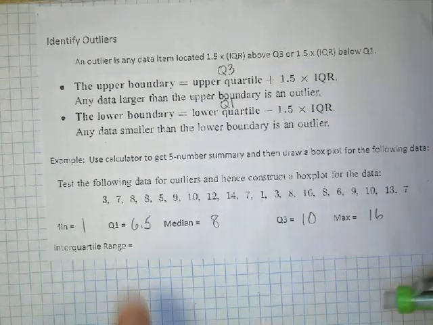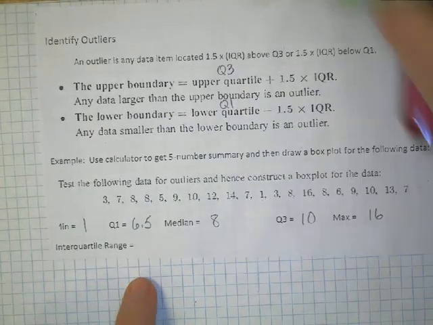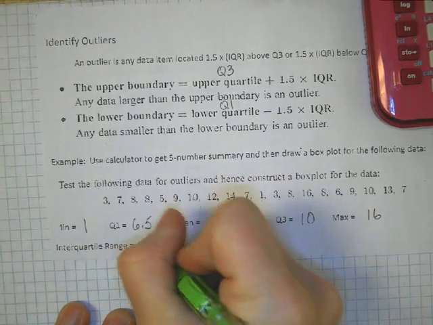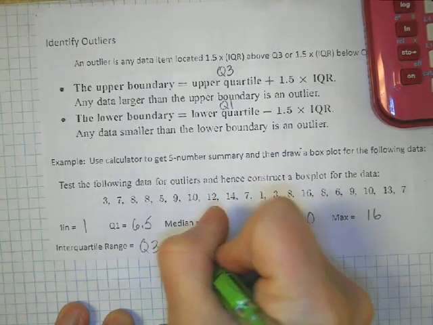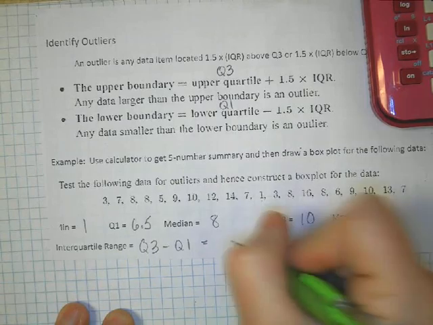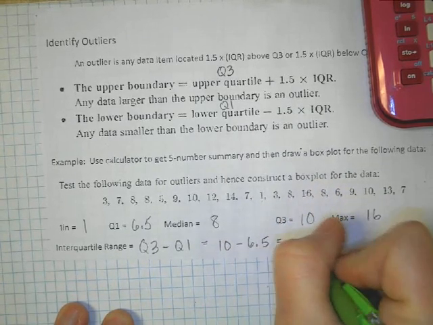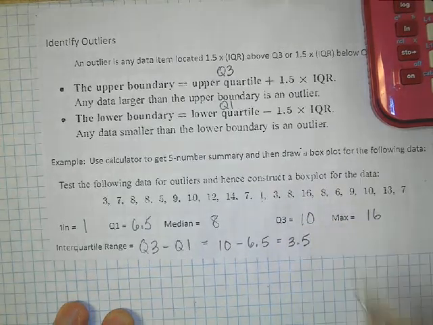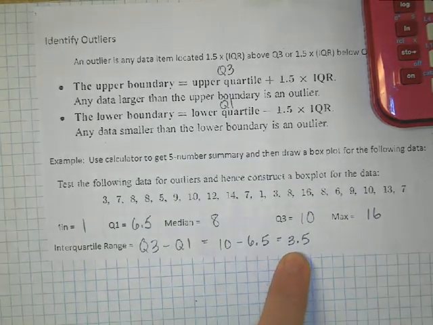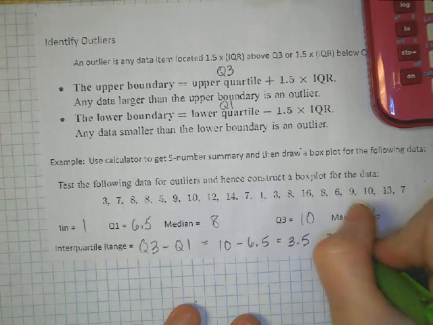So I'm going to find my interquartile range. That's Q3 minus Q1. So that would be 10 minus 6.5, which gives me 3.5. So there's my IQR. My IQR is 3.5.